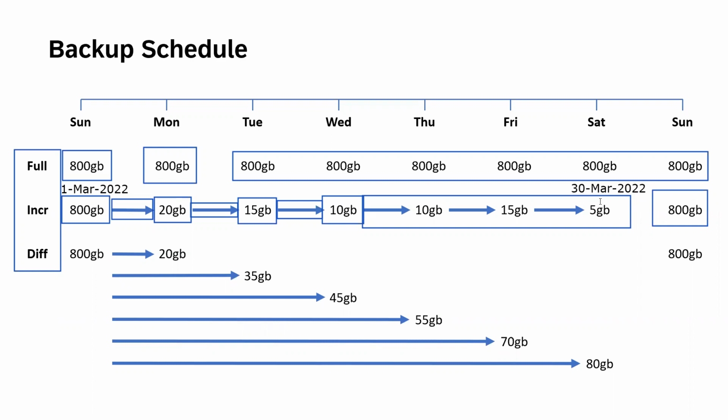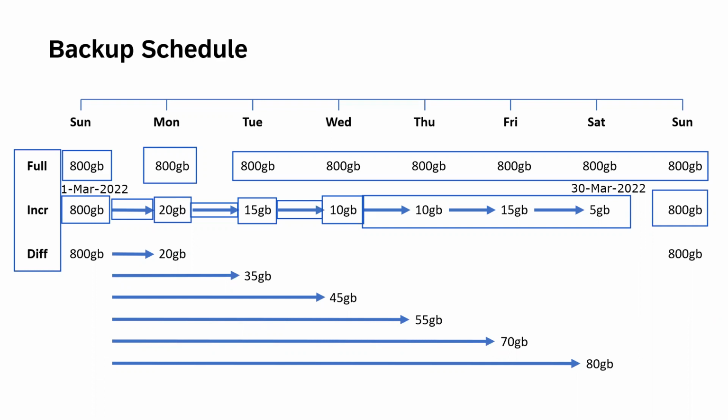Now what happens? You have the full backup of 1st of March. After that, till 30th March, every day you have an incremental backup. So if I want to restore my backup till the 29th of March, or the morning of the 30th, say I got a request on the 30th of March that at 12 o'clock there was some correction in the database, so I need to restore my backup up till 11 o'clock on the 30th of March.